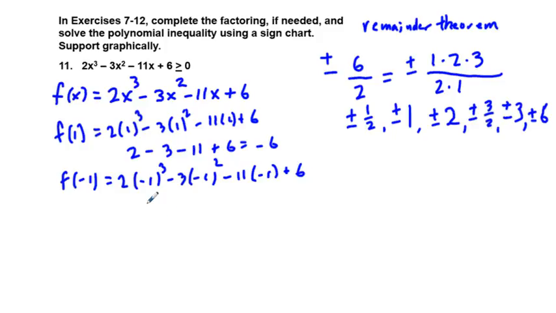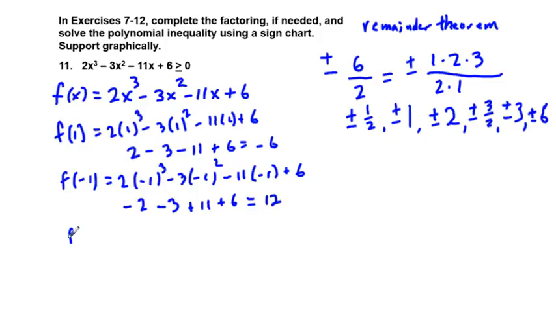For that, we're going to have negative 1 cubed, it's going to be negative 2. We'll have negative 2 minus 3, minus minus 11, that's going to be plus 11, and plus 6. Negative 2 minus 3 is negative 5, plus 11 is 6, plus 6 is 12. So we know that 1 and negative 1 are not zeros.